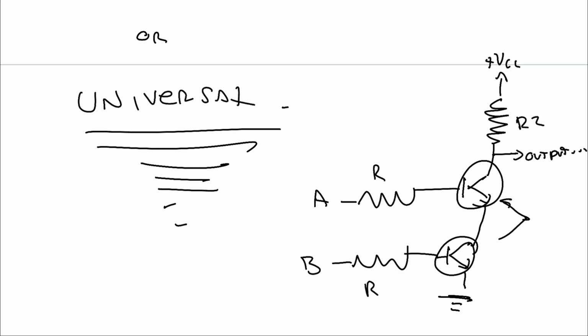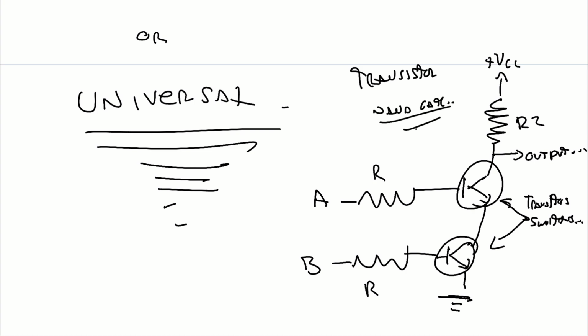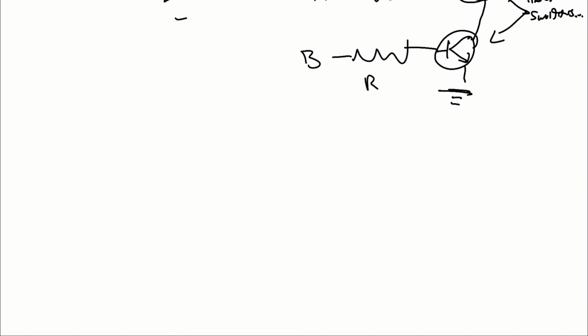Okay, and again, these are transistor switches. So that's how you'd actually make a transistor NAND gate. But again, we don't do that. The CPE people do that, right? Or the electrical engineers do that.